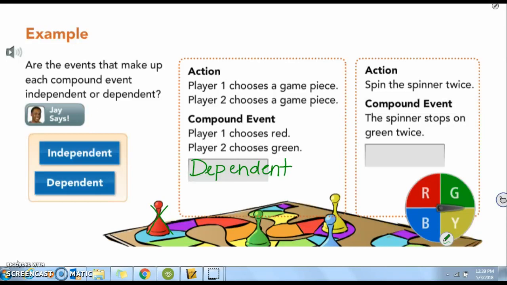For the second example with spinning the spinner twice and at both times stopping on green, each time it doesn't affect one another. So this is independent. Nothing changes after your first spin. Everything stays the same and you still have 4 options or 4 possible outcomes.